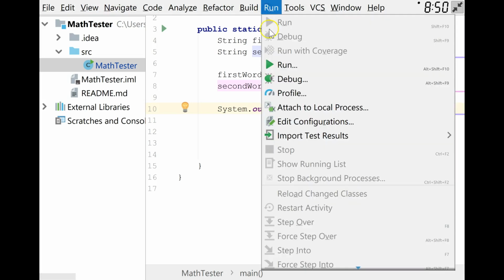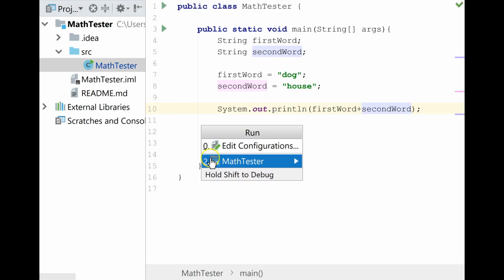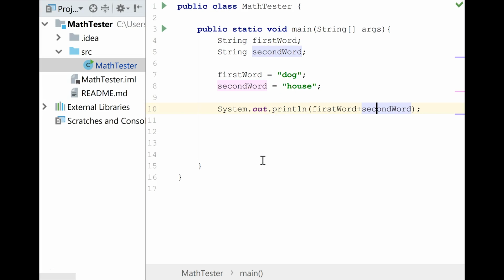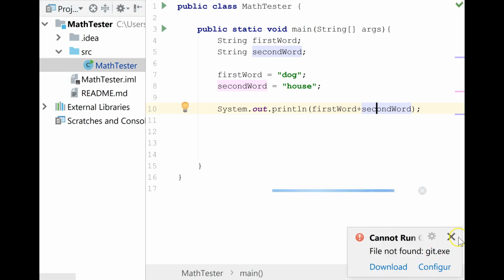Okay, so let's go ahead and go to run. I'm going to run, and then I have to say which class has the main method in it, this main method right here, which is Math Tester. Let's go ahead and run it.